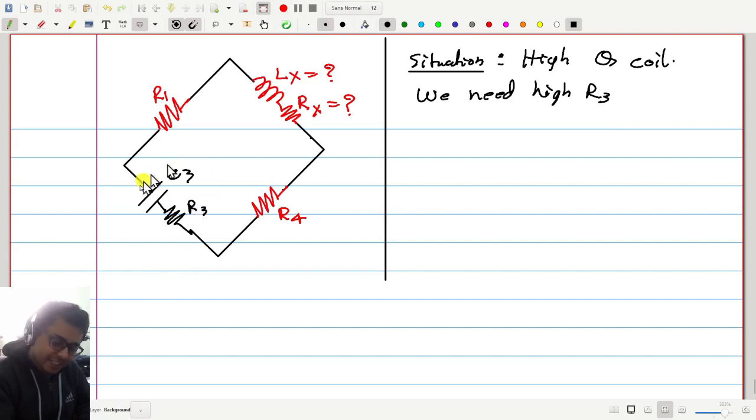But then what is the disadvantage of going for a series combination? The disadvantage is that writing the balance equation will be difficult. But then what we can do, at the same time, is model this unknown as a parallel combination.